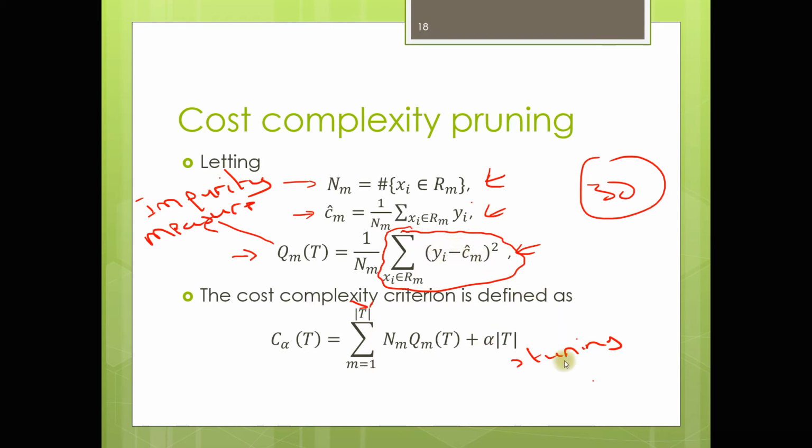So it does that by evaluating the error that you have here. Of course, if you think about it well, the smaller the value of alpha, what happens?